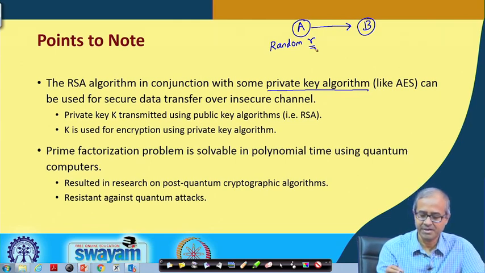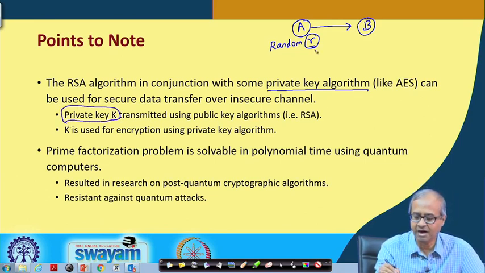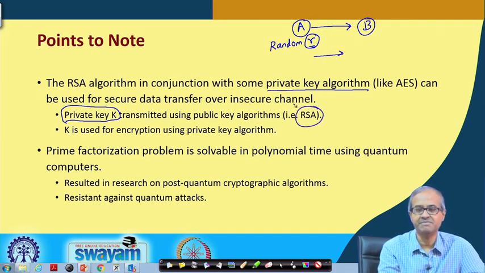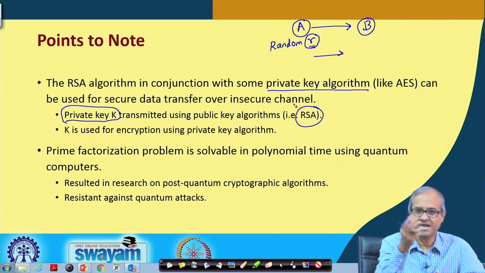Then this r is regarded as the private key k for symmetric encryption, and this r is sent to B by encrypting using RSA. This is feasible because this is very small. Encrypting a small number using RSA is still not that slow.